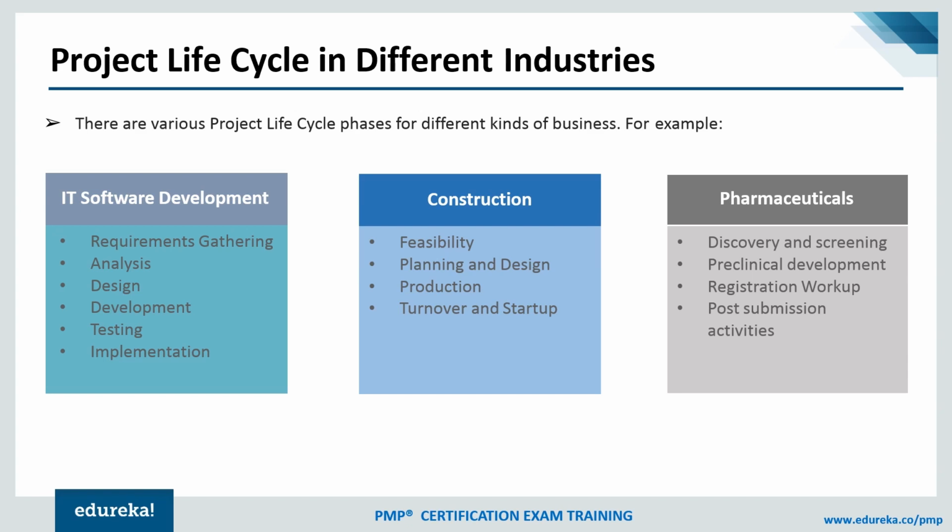Now in each phase, as we talked about, the focus is on what exactly we need to do to get the desired result. In requirement gathering, the focus of the project team will be on what the customer requirements are, what it is that the customer needs, and what needs to be done to collect the requirements in such a way that we have minimum change requests later on.